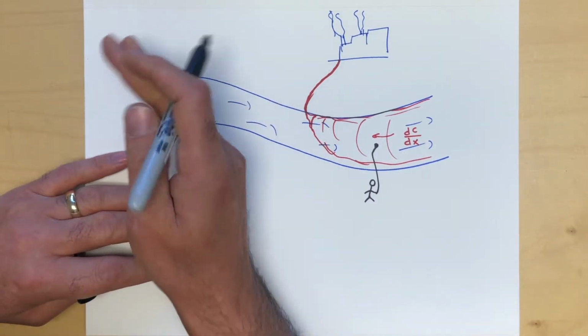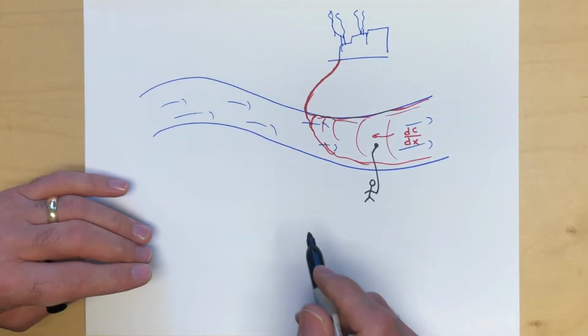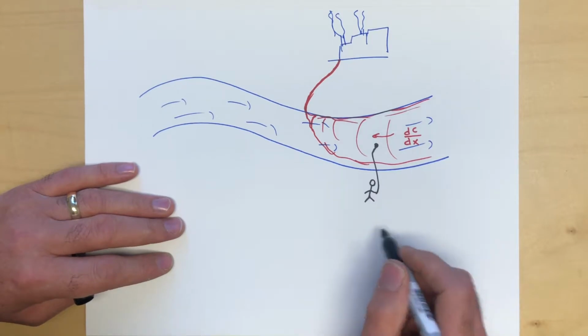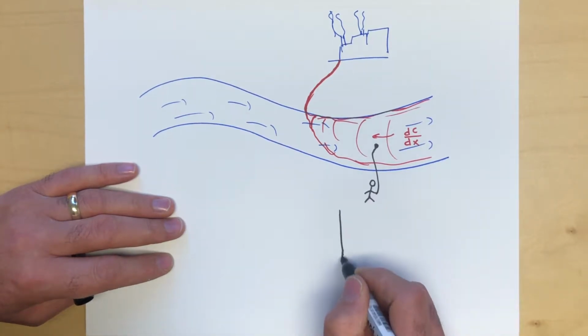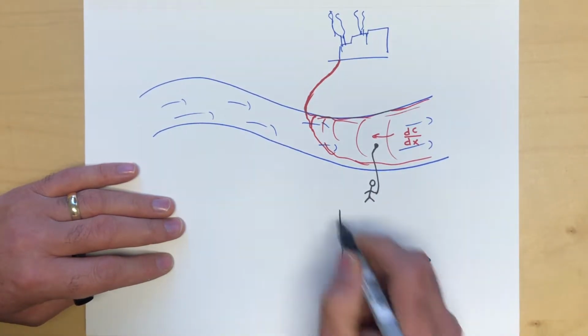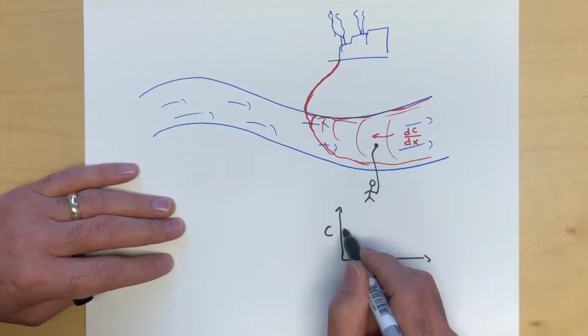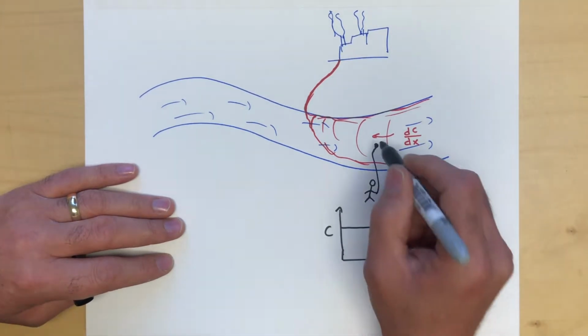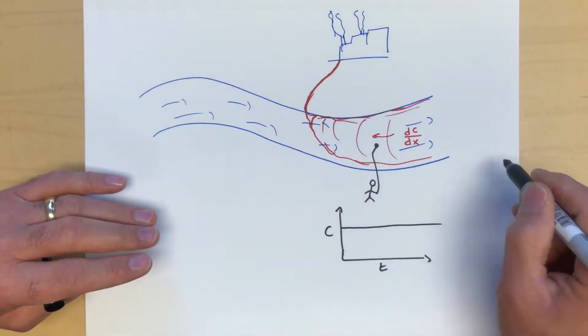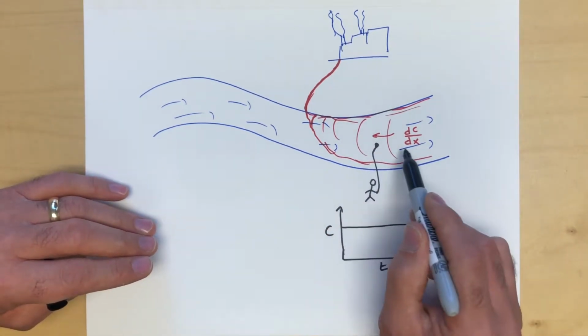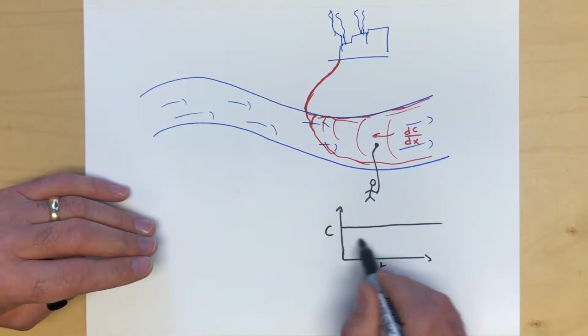There's only change in space for this situation. So what the person is going to measure over time, if you look at concentration with respect to time, is a constant concentration at that point. Okay, there is a concentration gradient, so if they do a measurement at another point, they're going to get a lower curve.